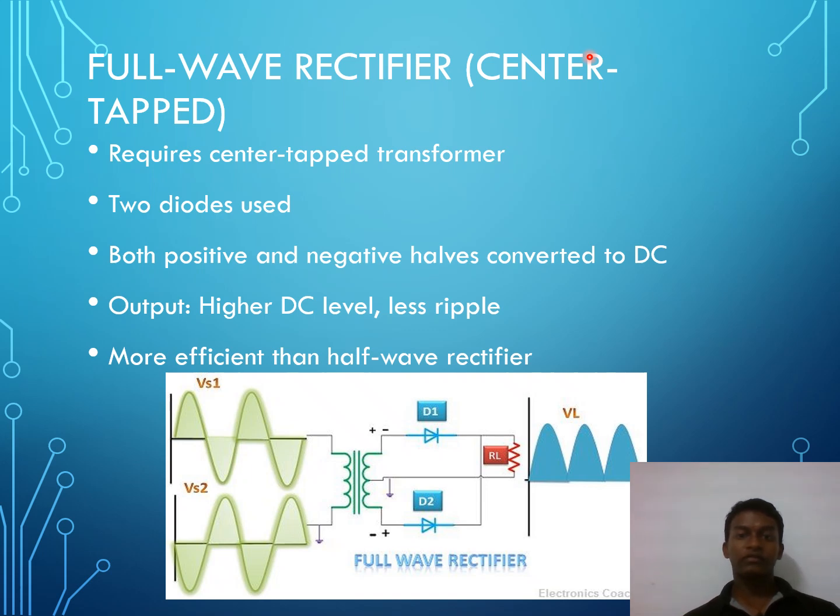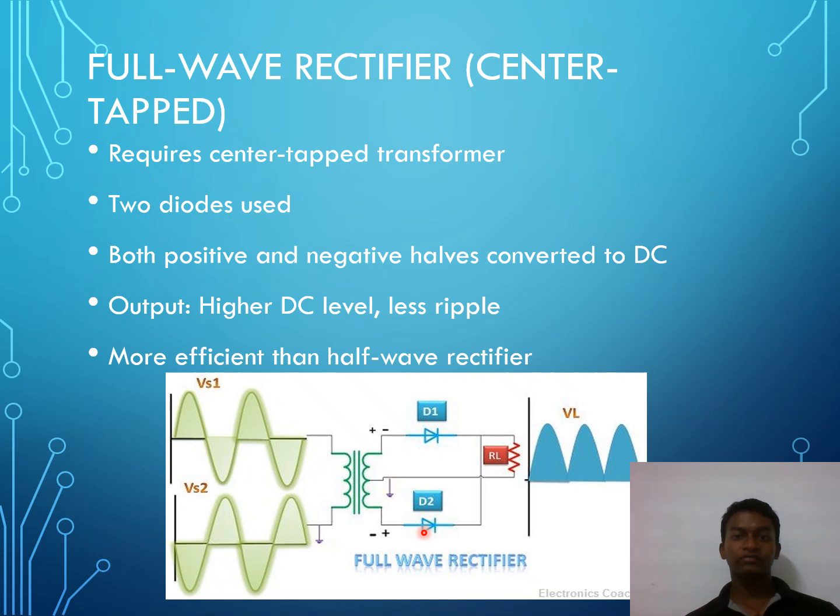When the positive half of the AC cycle passes through the transformer primary winding, then due to mutual induction, the top of the secondary winding becomes positive, while the bottom of the secondary winding becomes negative. So for the positive half cycle, only D1 conducts, but D2 doesn't conduct.